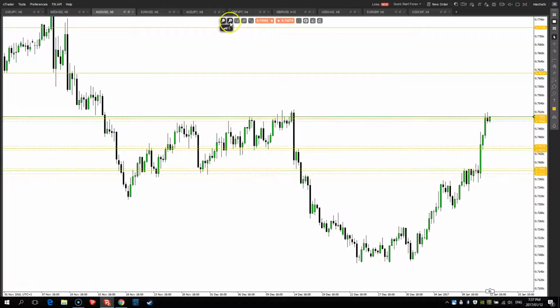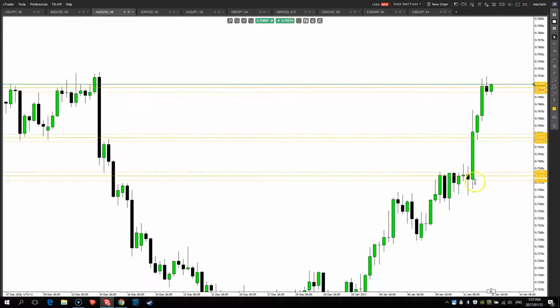Then to the actual setup itself, we see a very strong bull move into our area, and then we see this candle here, and this is our good old pin bar setup with a long upper wick. It's not a great small body, but you can see that the bears did manage to push price down again after the bulls tried to push the price up.